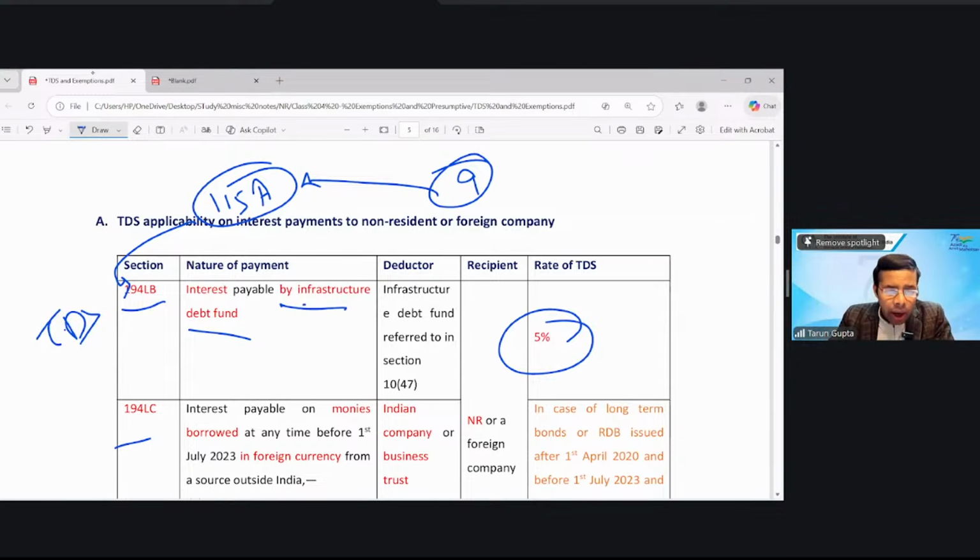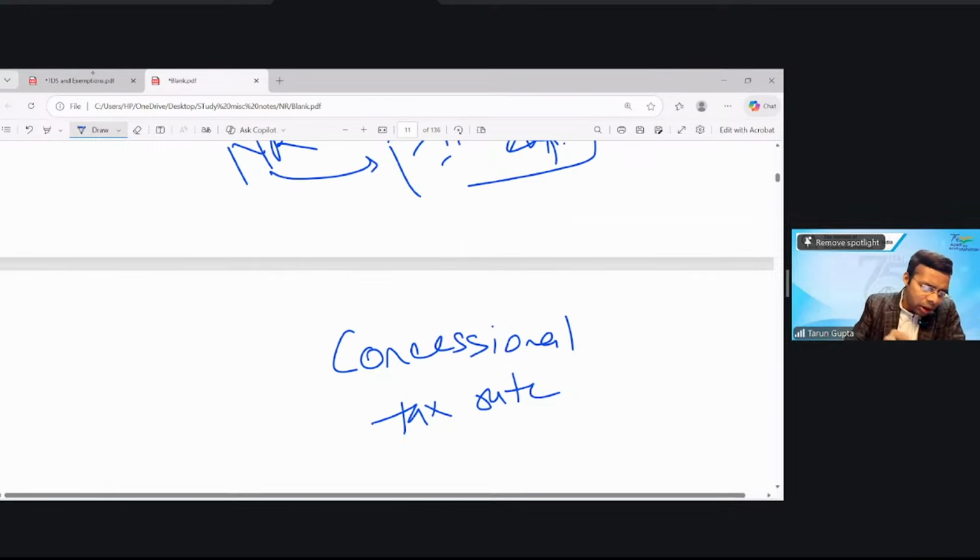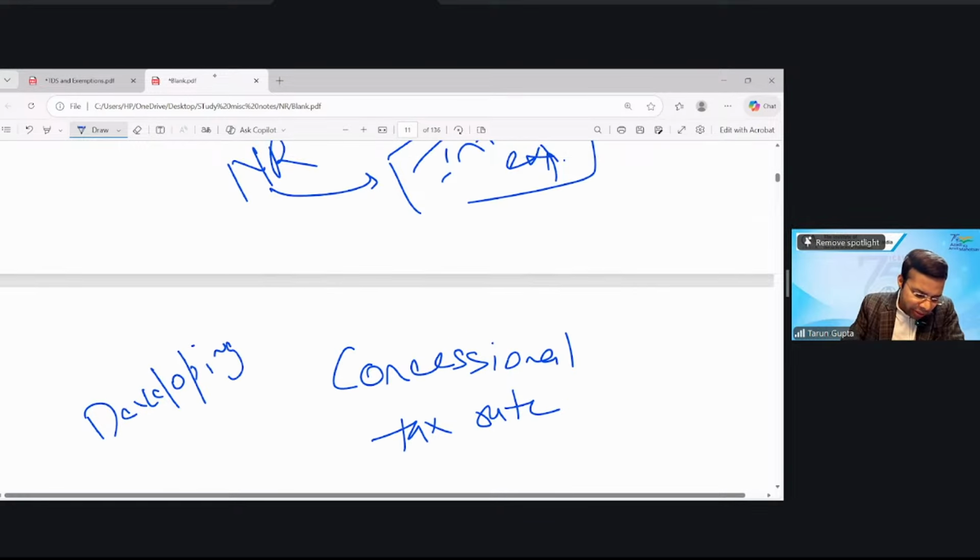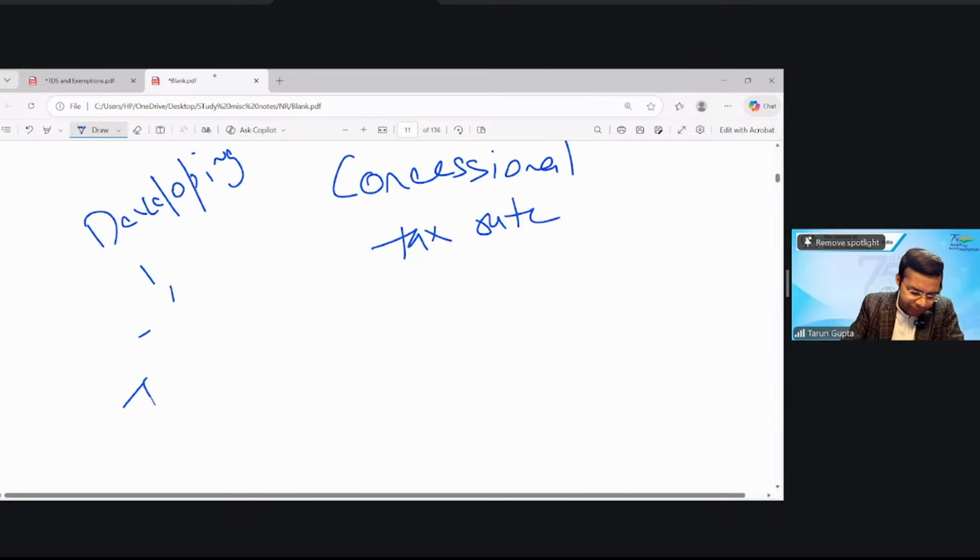Why the benefit? Because this infrastructure debt fund invests the money into infrastructure. See, we are a developing economy, a developing country, and we need good infrastructure. Because of this infrastructure only, you and I are connected here.